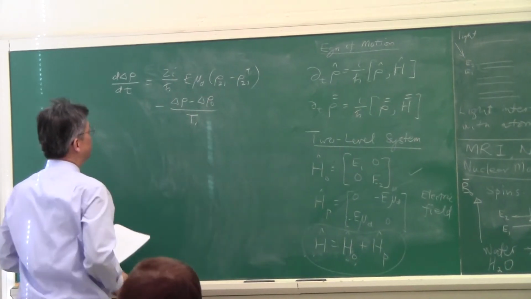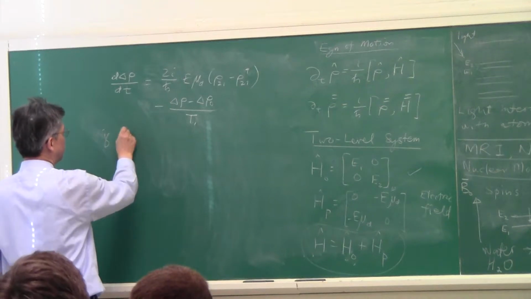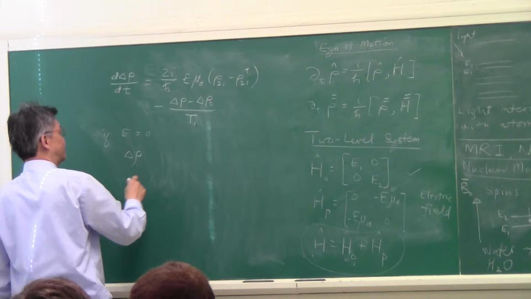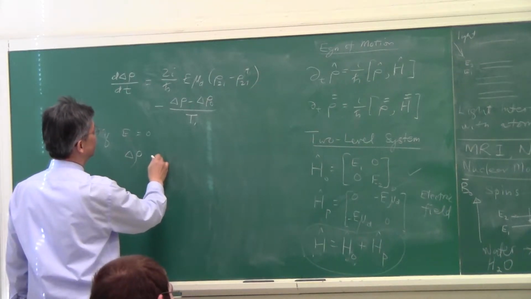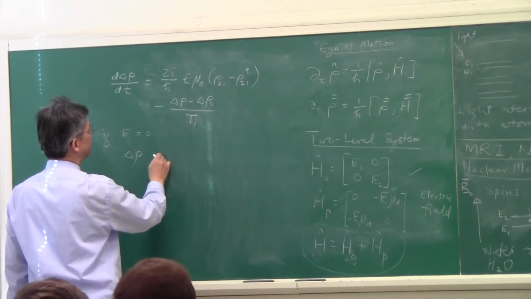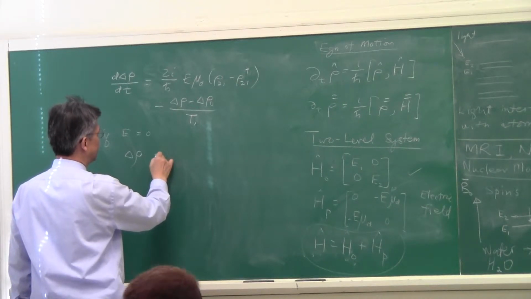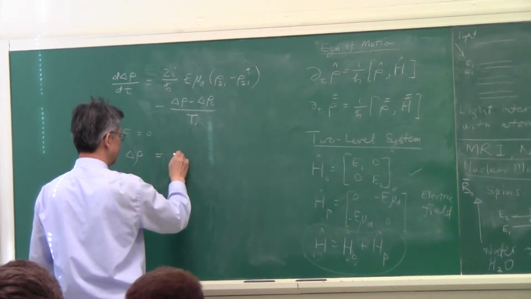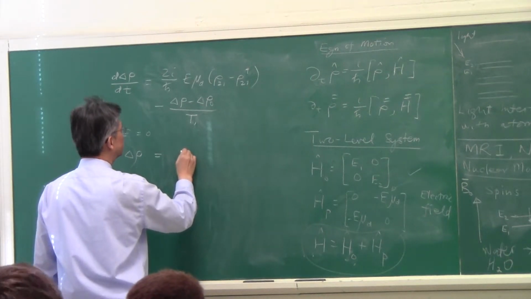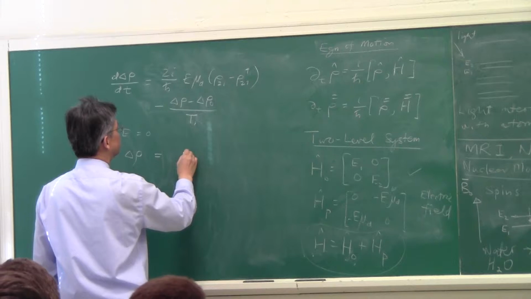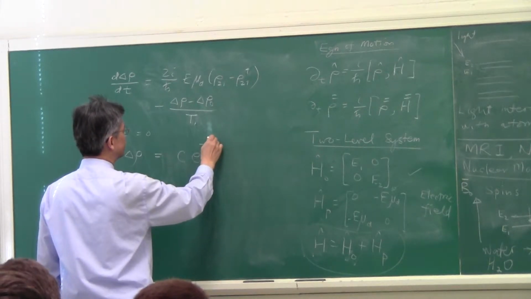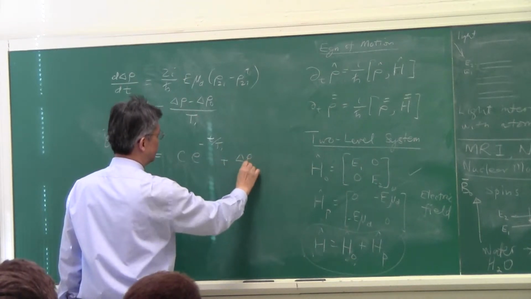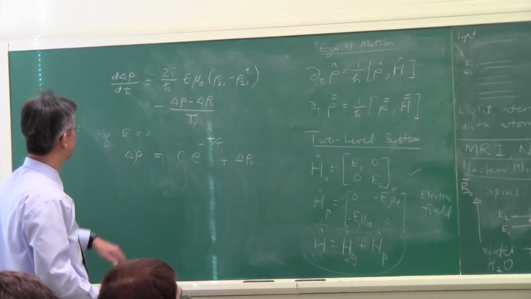And what it says is that if E is equal to 0, and there's no excitation from the outside, you can work this out, Δρ is equal to a constant times e to the minus t over T1 plus Δρ0. Okay, I think this would be the solution to this equation.